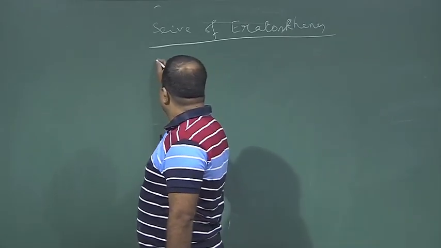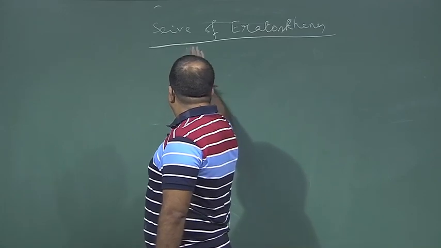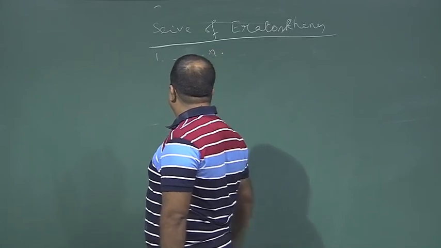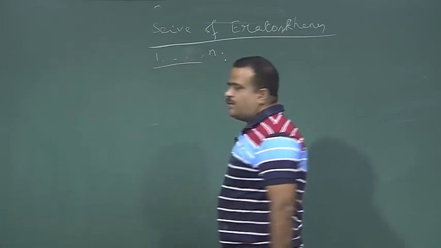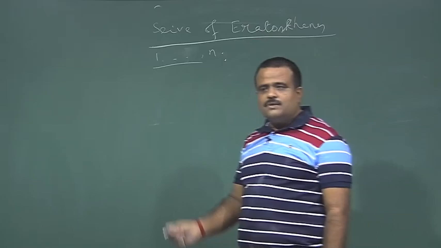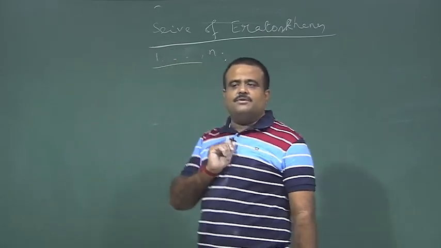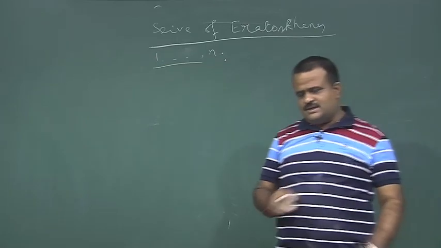Suppose we want to consider numbers from 1 to n, and we want to get all the primes from 1 to n. What we do is remove all the composites from 1 to n, and then the remaining will be the prime numbers. So that is the idea.